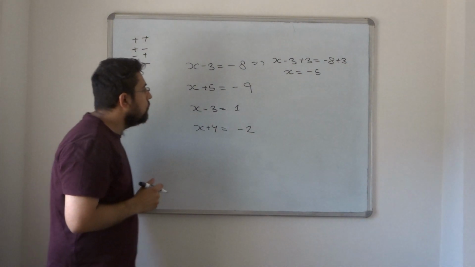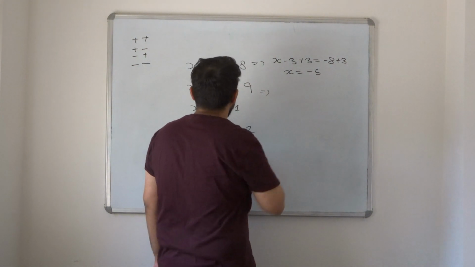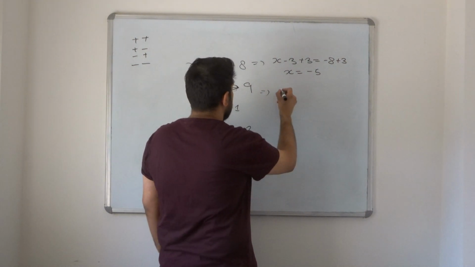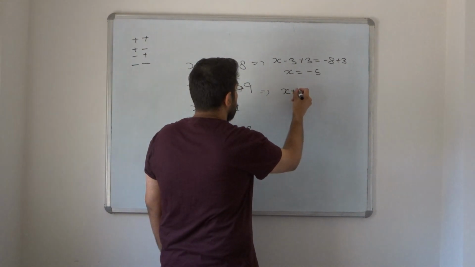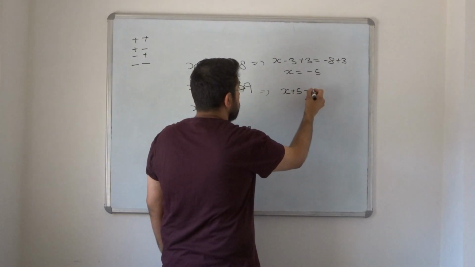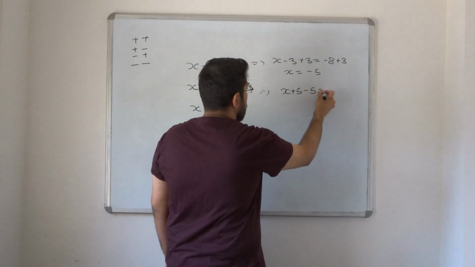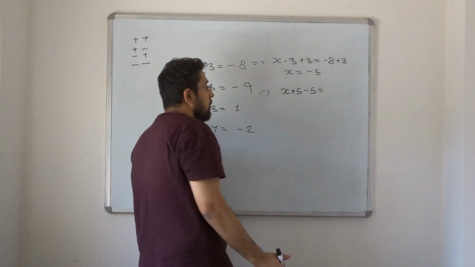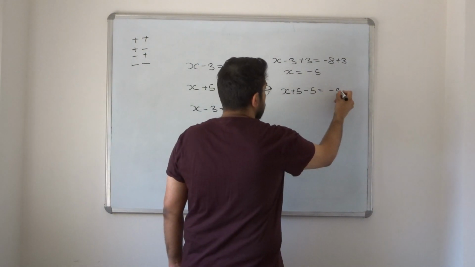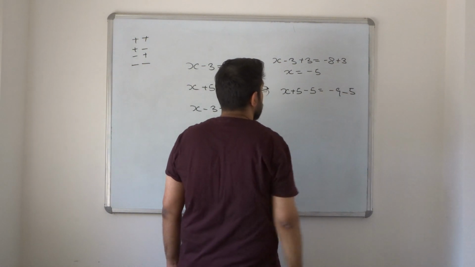Okay, so let's go ahead and do the next ones. The next one is also quite easy. So you have x plus 5. Remember, you take the opposite sign, and you transpose the same number or variable. So negative 9 minus 5.